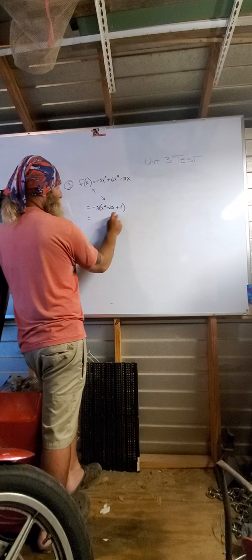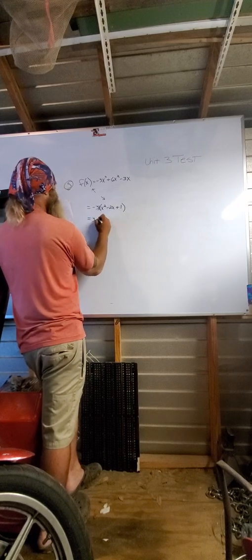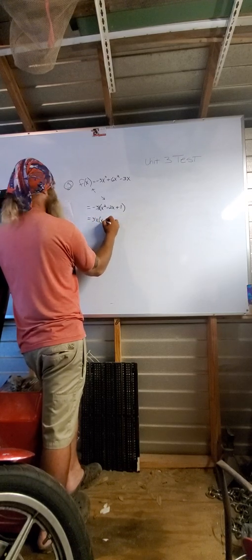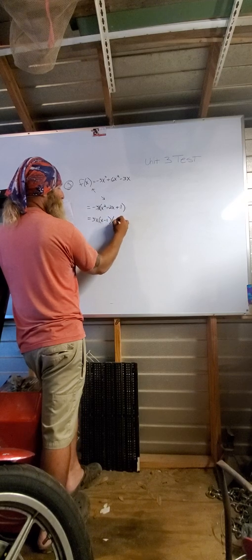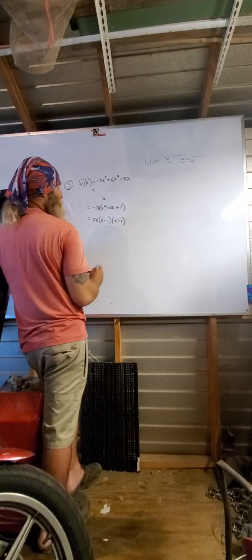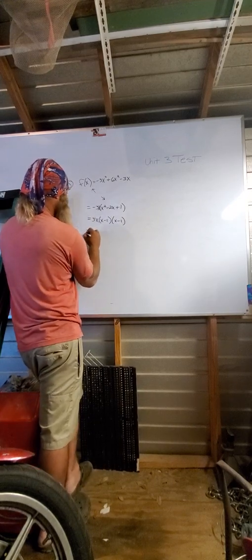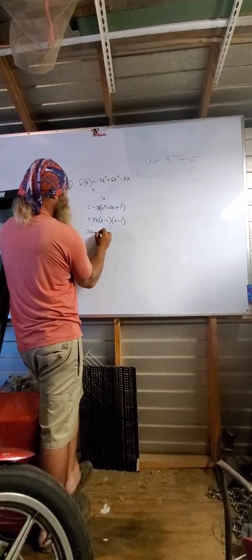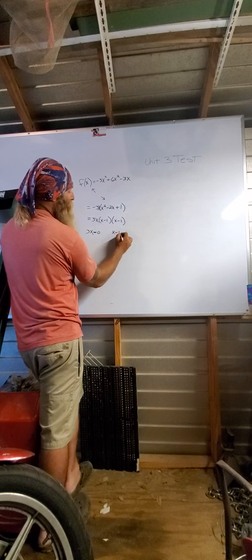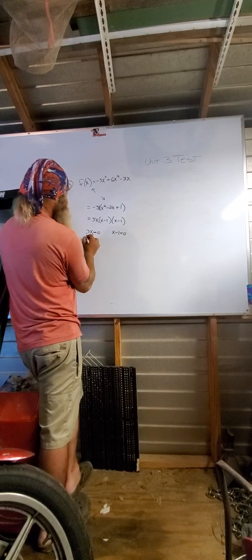And to factor this, we have 3x, x minus 1, x minus 1. So we set these equal to 0: 3x equals 0, x minus 1 equals 0.